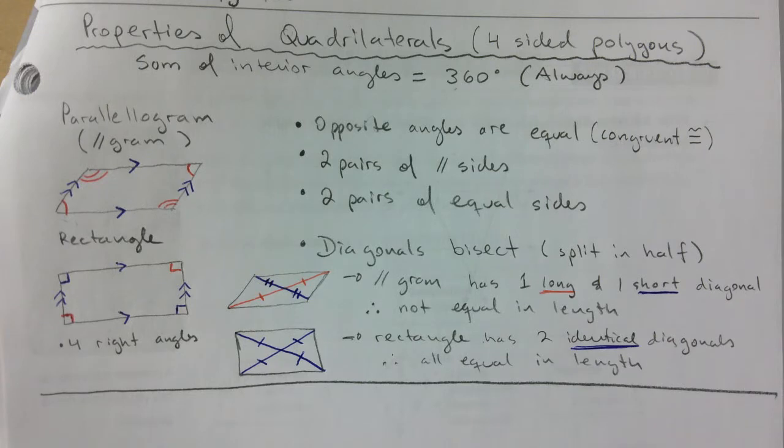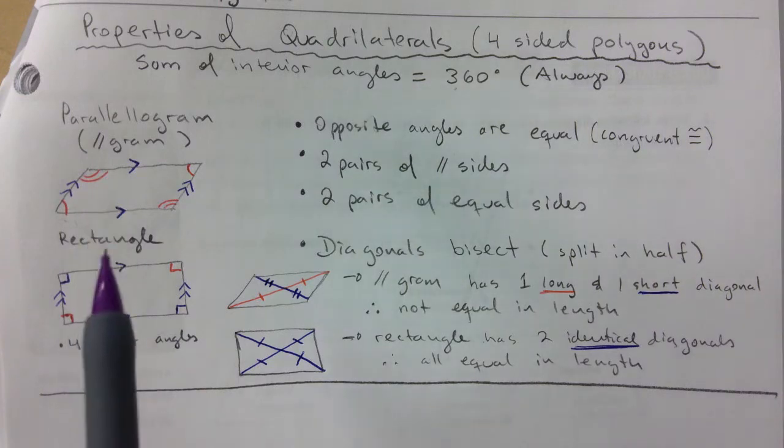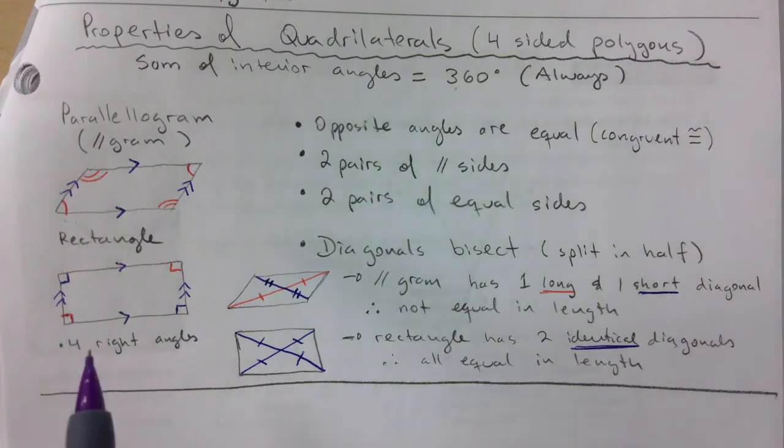So parallelogram and rectangle are similar in ways, but also different in other ways, right? So technically, the rectangle would still meet the parallelogram criteria, but it's specifically a rectangle because of the 4 right angles in this case, right?